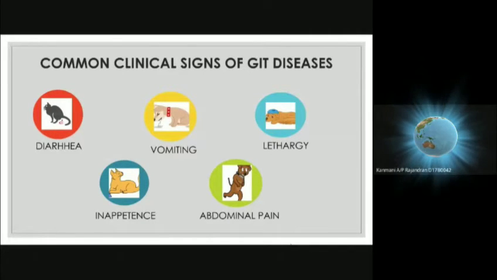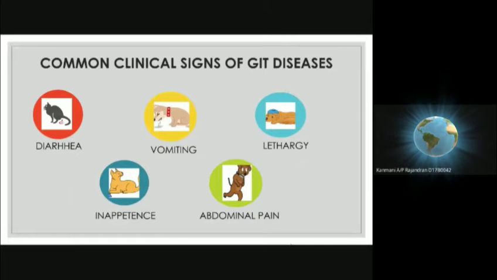The clinical signs of gastrointestinal diseases are diarrhea and vomiting. The animal may appear lethargic, with or without signs of inappetence, and some animals may even lose body weight or become emaciated due to prolonged inappetence or in a case of chronic gastrointestinal disease.